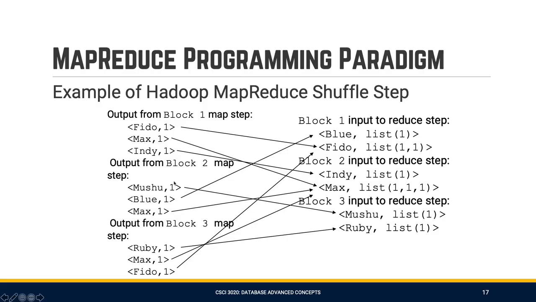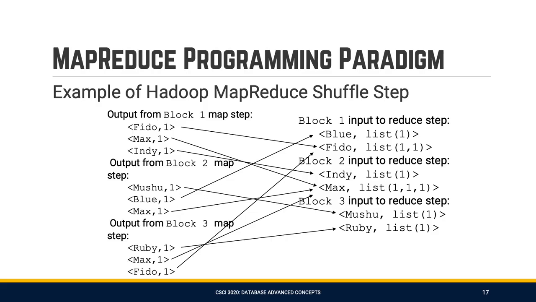Okay? Another way you could do this is you could list each output from the map step as well. So you could say 1 for Blue, or 0, 1, 0, because there was no Blue here and there was no Blue here. In that way you also know which block it came from.